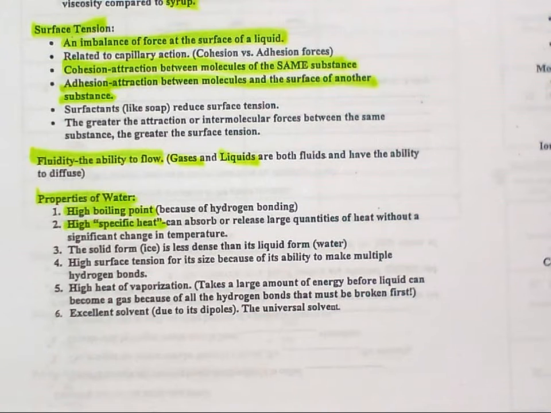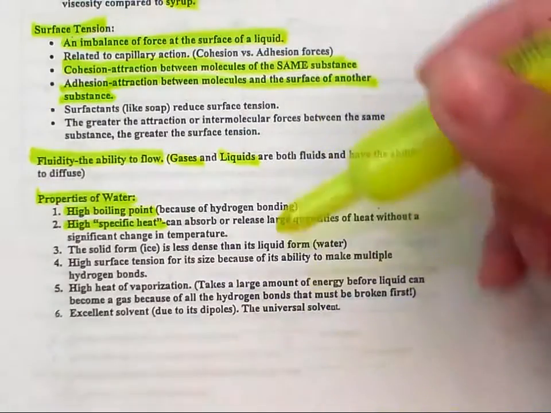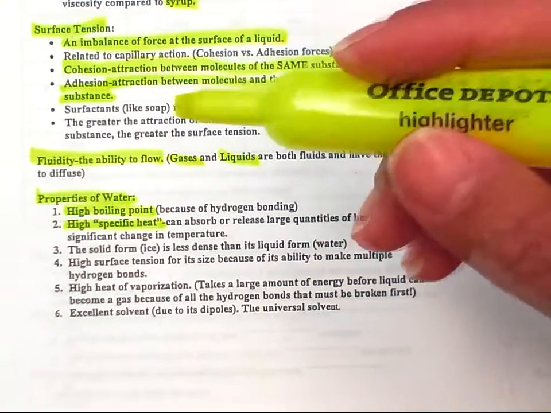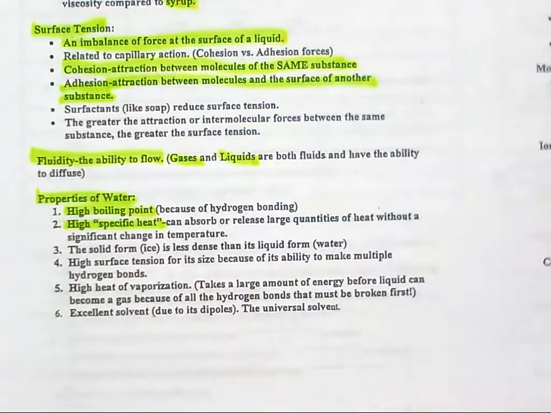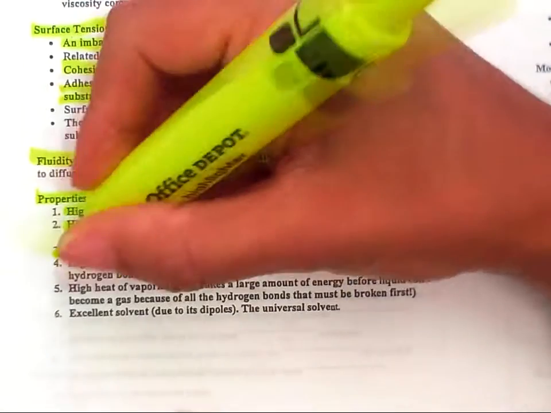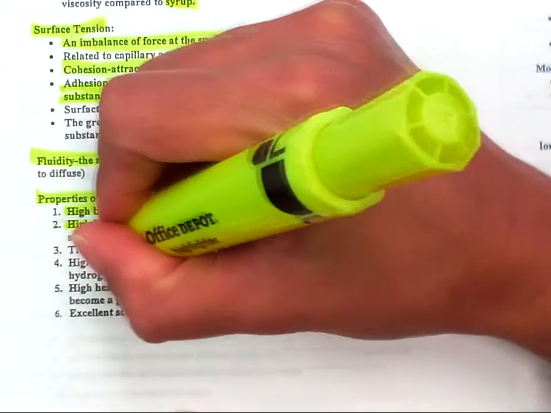Well, ocean water, that would never happen. It just cannot change that easily. Specific heat is talking about the heat that the water has absorbed, and it will usually hold on to that heat. Okay, it's unusual that the solid is less dense than the liquid.